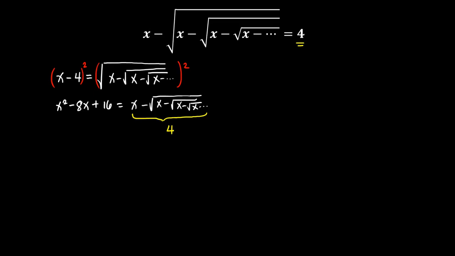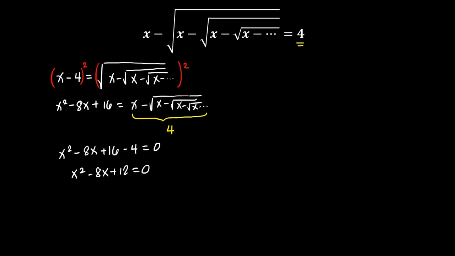So that is equal to 4. Therefore, if we combine or simplify the equation, it would give us x squared minus 8x plus 16 minus 4 is equal to 0, or x squared minus 8x plus 12 is 0.